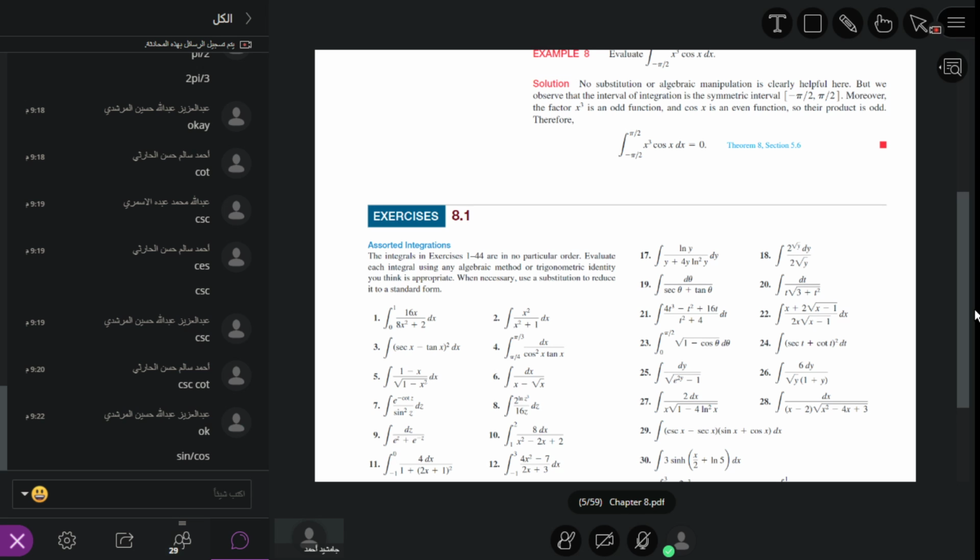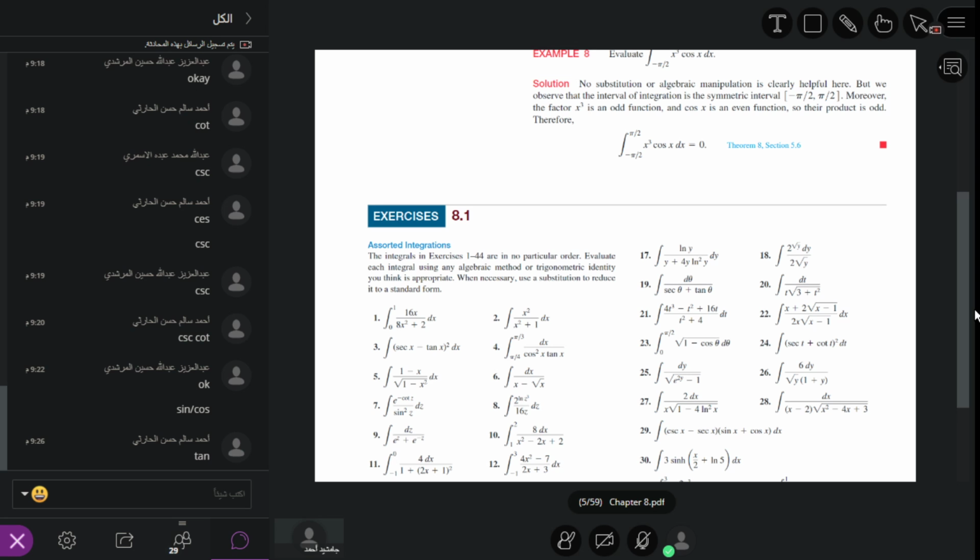So it is equal to 1 over cos square theta plus 1 over cos theta dot sine theta over cosine theta. Now what is 1 over cos square theta?